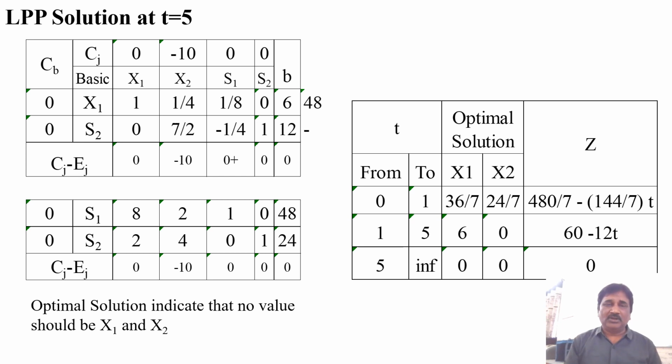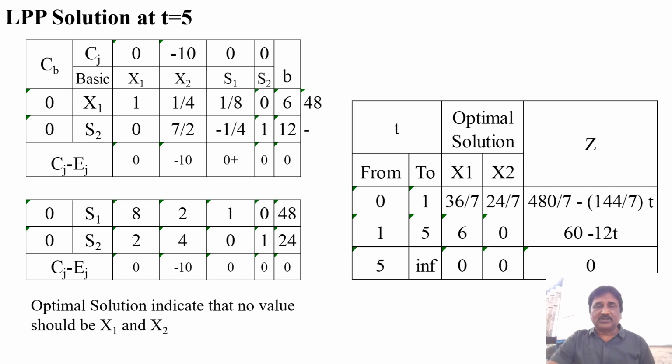So it is not worthwhile to produce product A and product B. We will let all our spare capacity, indicated by constraint 1 and constraint 2, go waste. Okay, so the parametric programming ends here.